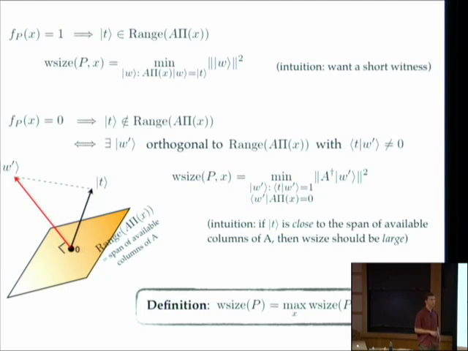Okay. So now the existence of such a witness is equivalent to the function evaluating to 0, to the span program evaluating to 0. And the witness size will be the least squared length of that witness, where you weight that witness by the adjoint of the matrix I had before. So we want that witness to be short, weighted by the columns of that matrix.